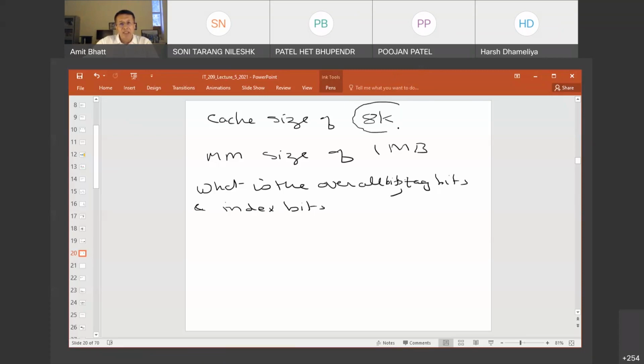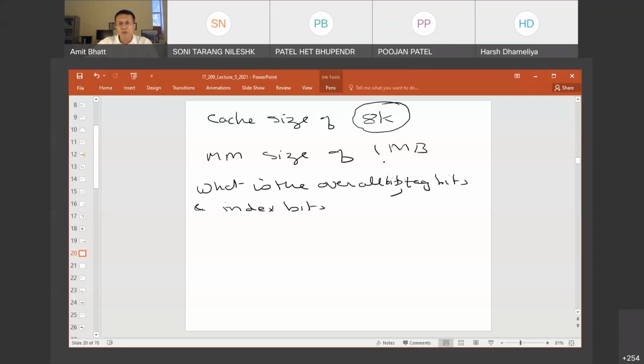Number of bits required to address each and every location in cache. In cache, there are 8K locations. I always tell you that you must remember this: 2 raised to 10 is 1K, 2 raised to 20 is 1M, and 2 raised to 30 is 1G.